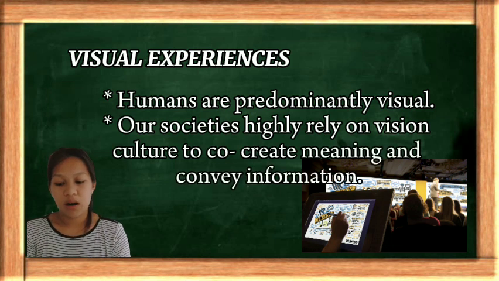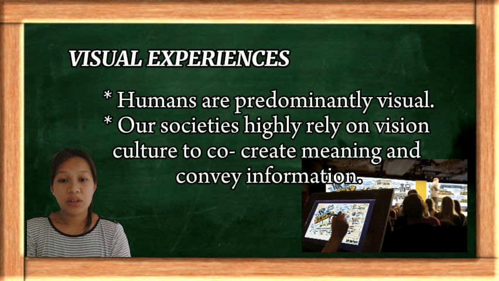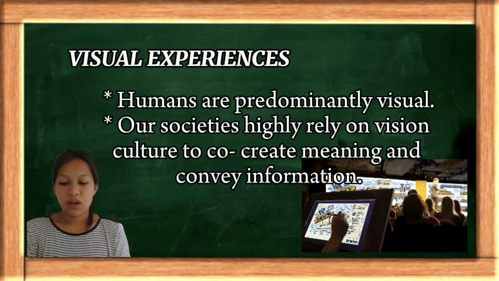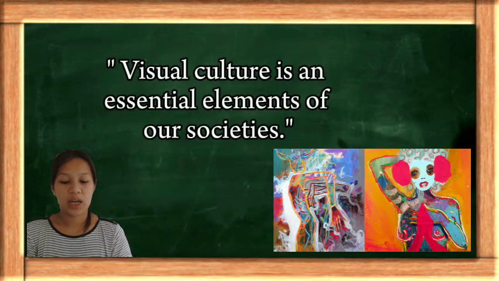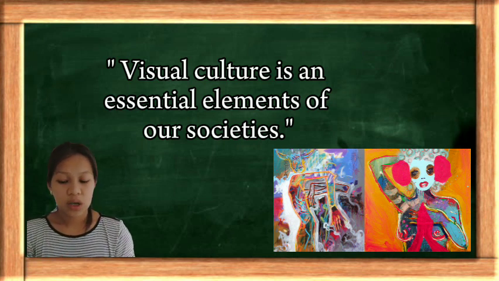Humans are predominantly visual. Our societies rely highly on visual culture to co-create meaning and convey information. So visual culture is an essential element of our society. Why is it so?